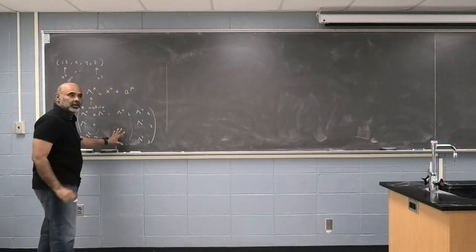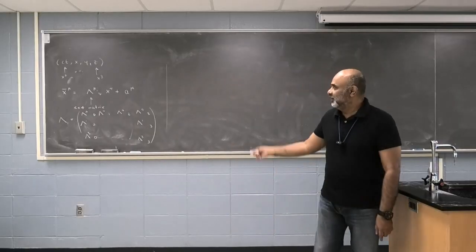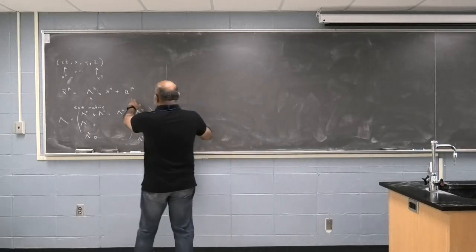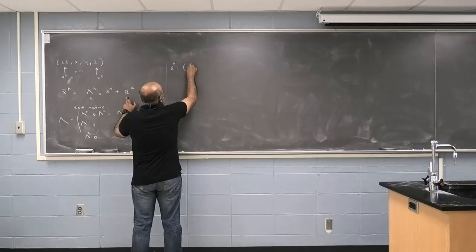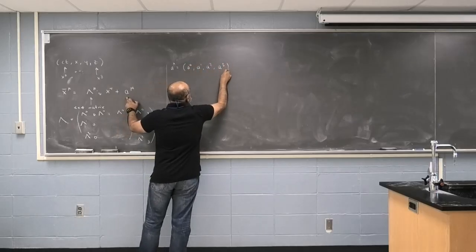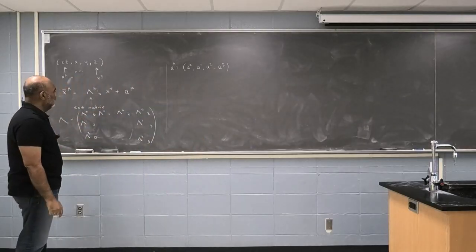Oh, there's stuff here, right? Let's just write it down. Yeah, there are 16 elements. A mu is just 4 numbers: A0, A1, A2, A3. So these are typically called 4-vectors. Well, I'll get there shortly.